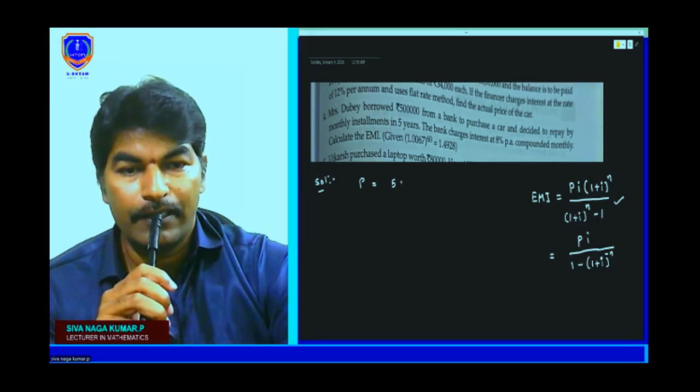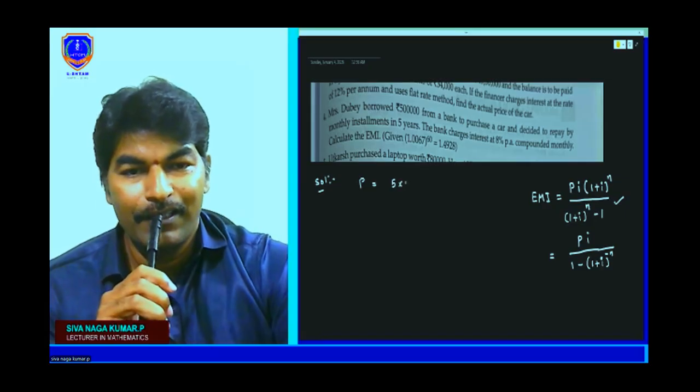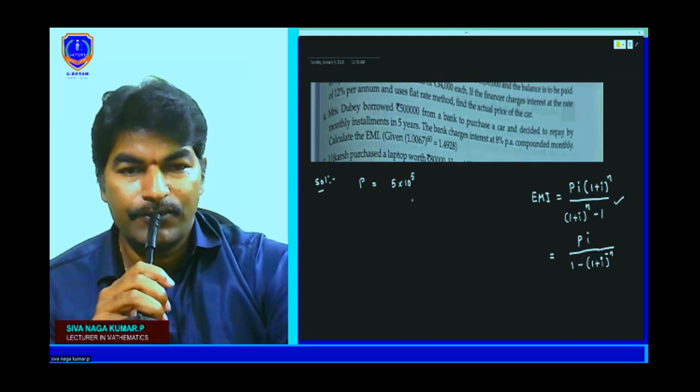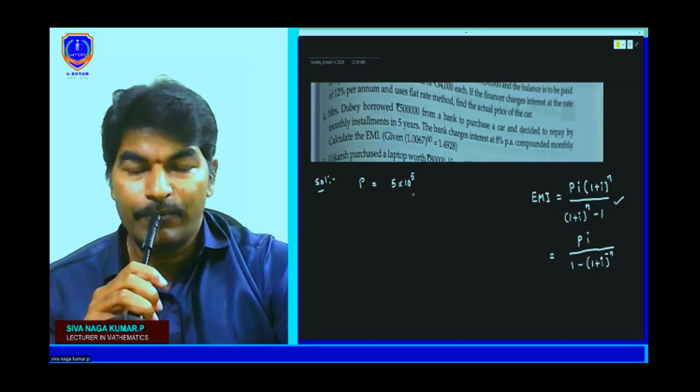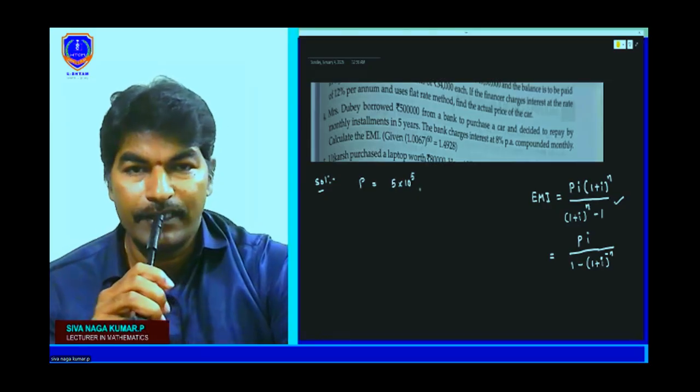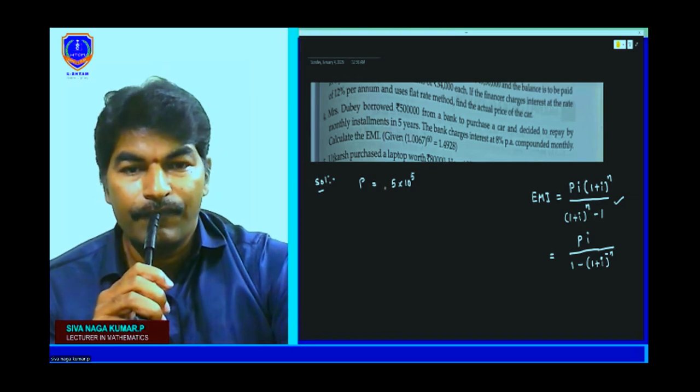Can I write 5 followed by 5 zeros or 5 into 10 power 5? For my flexibility, I would like to write 5 into 10 power 5. 10 power 5 means 1 followed by 5 zeros, multiplied by 5, it will be 5 lakhs rupees.